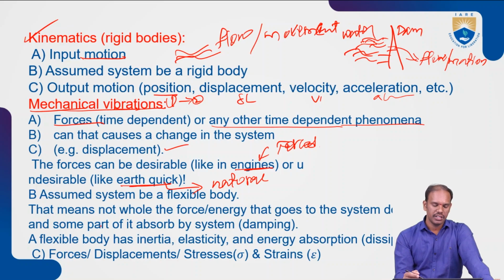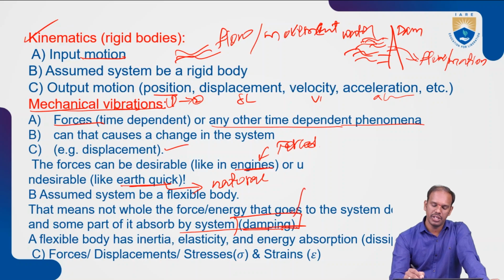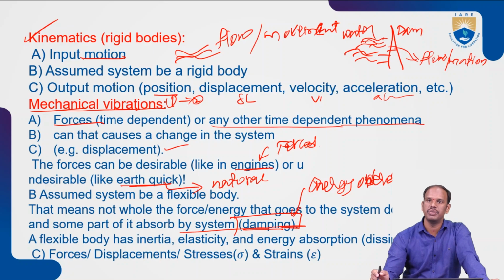That means the whole force or energy does not go outside; some part is absorbed by the system, like damping. So what is meant by damping here? Damping is an energy absorbing system. Energy absorber is called damping.